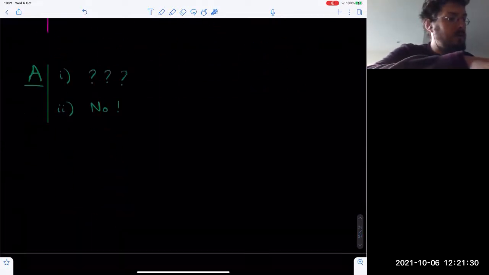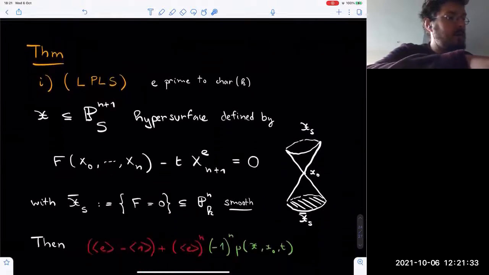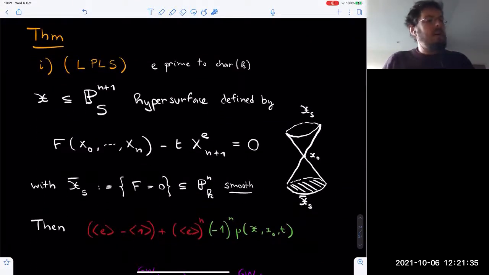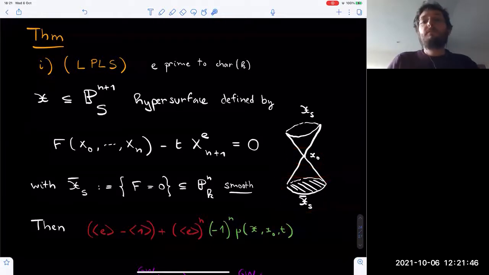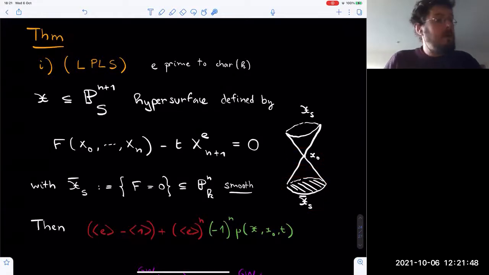So what does hold? Here is what we can prove. This is the case of a very simple type of singularity, essentially a cone, where the singularity is a cone over a smooth hypersurface of some degree.